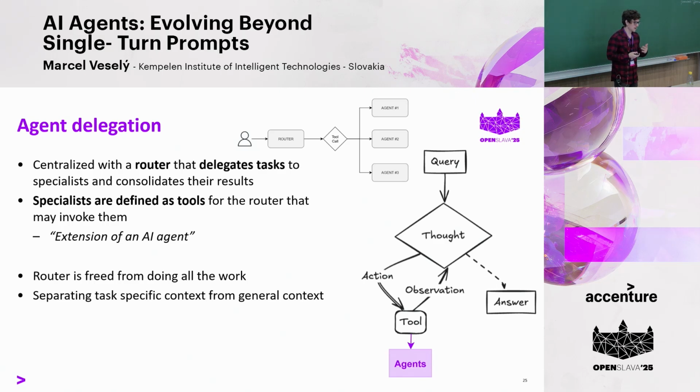Sometimes it is necessary, and if it is, you will set it up in a way that all the messages would be sent back to the main router. But usually you want to abstract these things, and so essentially you want specialists to only return the actual results to the task they were given. And once you do this, you also make the context of the main router much shorter, because you get rid of other tool calls that might have been called and performed by the specialist.